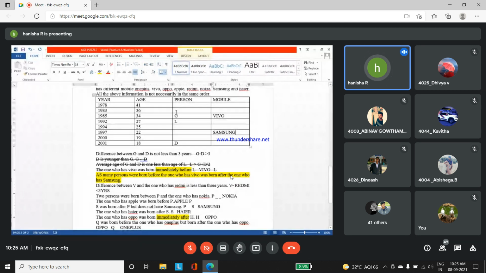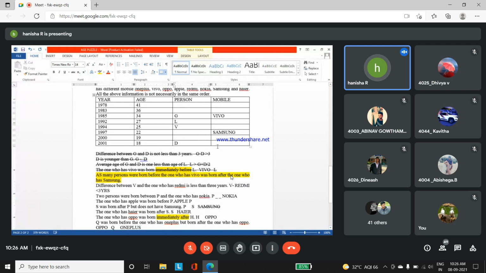So 36 and 34, if I put V over here, you can't put Redmi, because Redmi will come immediately after or immediately before V. So you can't put Redmi over here. Here you have the difference of 27, 25. If I put V over here, then I have the possibility of having Redmi. Similarly, I have a possibility over here, 19 and 18. If I put V over here, then I can put Redmi here.